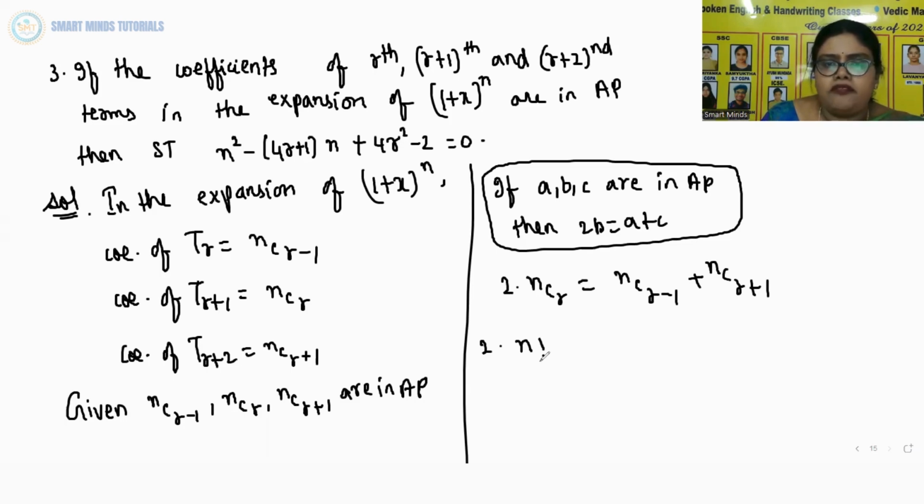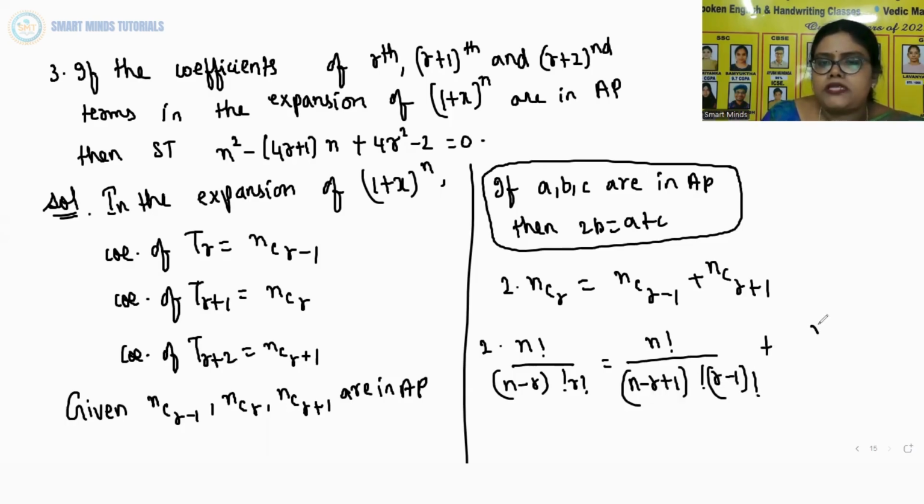2 times n factorial by (n minus r) factorial into r factorial is equal to n factorial by (n minus r plus 1) factorial into (r minus 1) factorial plus n factorial by (n minus r minus 1) factorial into (r plus 1) factorial. From all the numerators, n factorial gets cancelled.